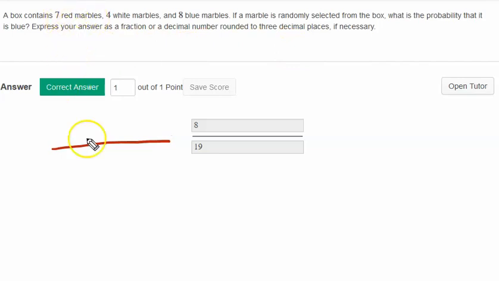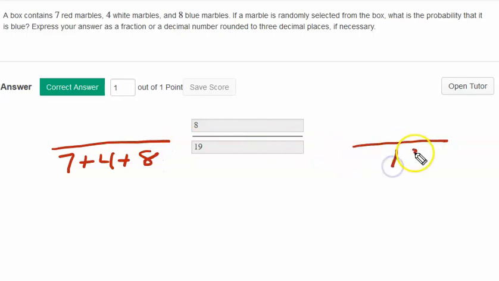Well, you list what's available. So 7 plus 4 plus 8 gives you 19. And how many blue marbles? 8. So 8 out of 19. And that's in its simplified fractional form.